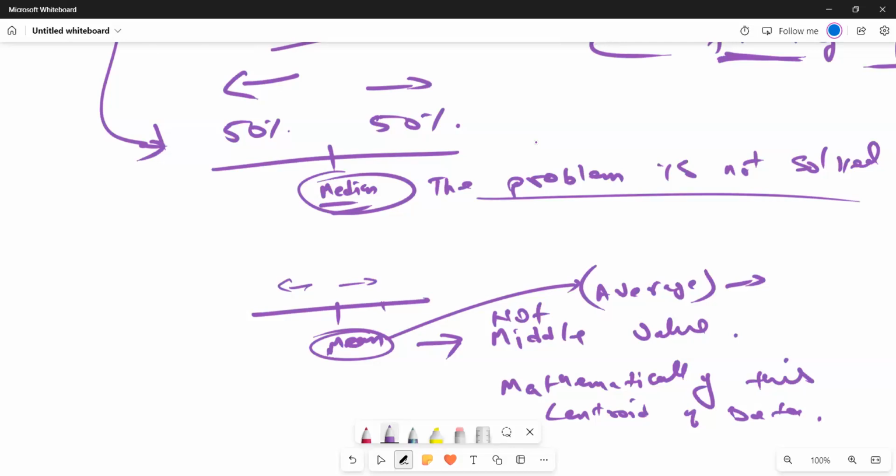We never want the data to be shifted to any other point, because my problem, which is that the large values will dominate the predictions, will dominate the findings, will remain as it is, which is why we always shift it to the mean of the data.